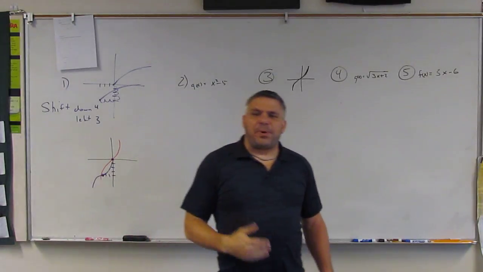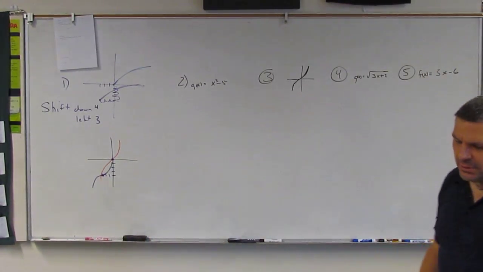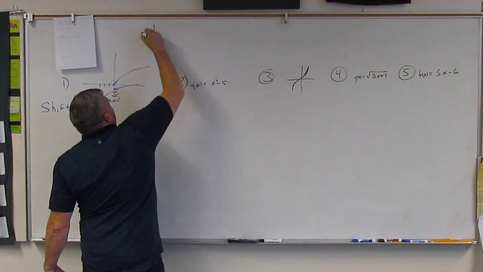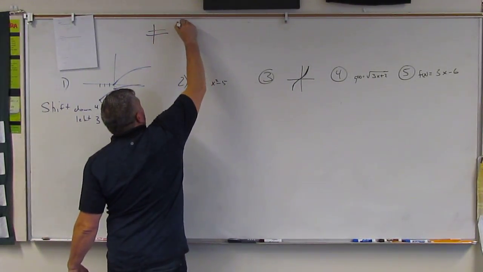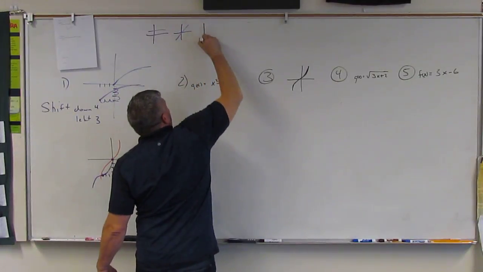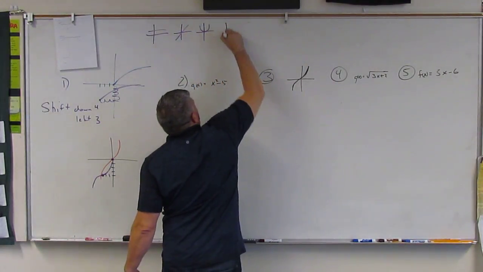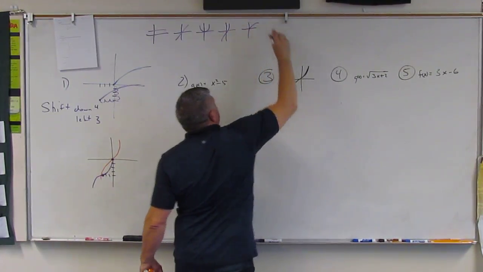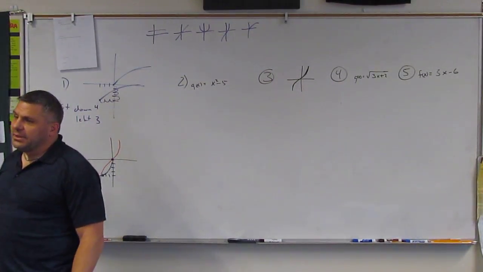All of these go back to our parent functions. Remember those parent functions? They were like this. Boom, boom, boom, boom, boom, boom, boom, boom, boom, boom. Those were our parent functions, right?